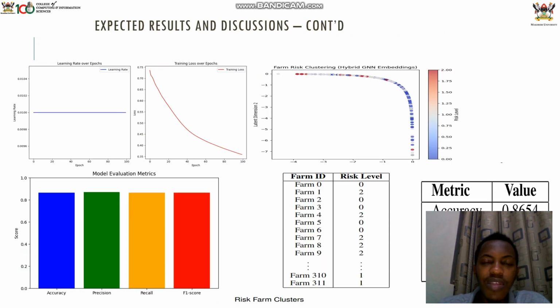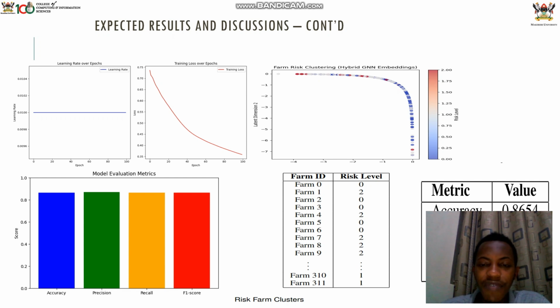Next we can talk about the results for the hybrid model that only implements unsupervised learning plus supervised learning without knowledge distillation, and this one clusters using KMeans clustering.